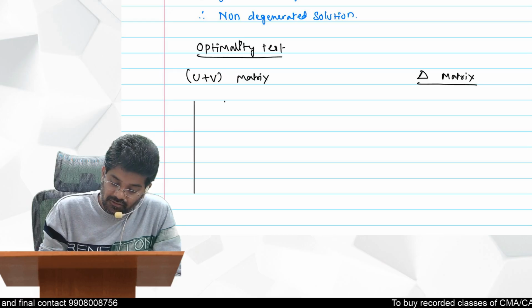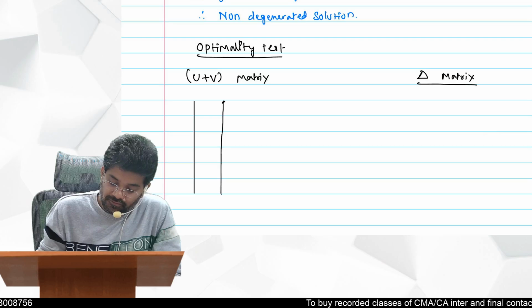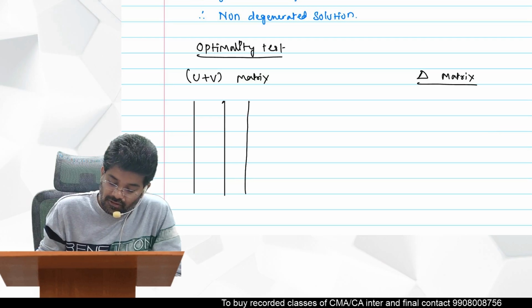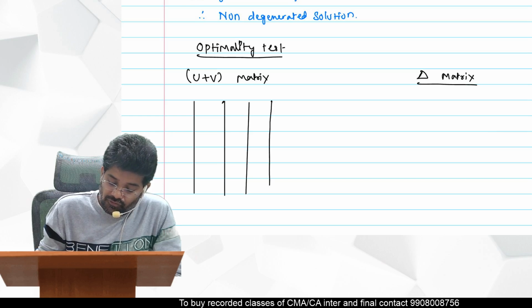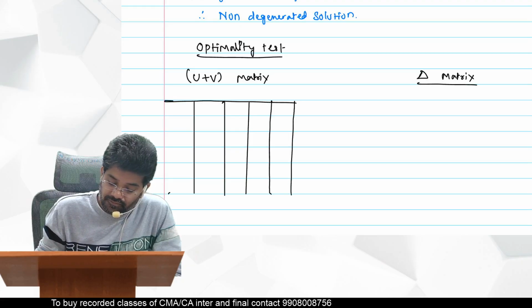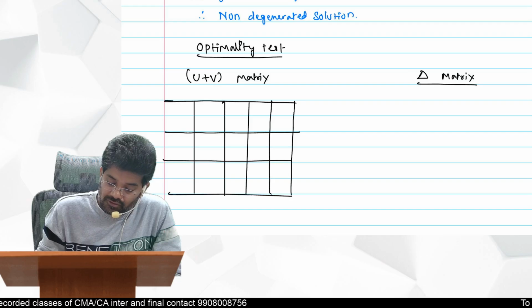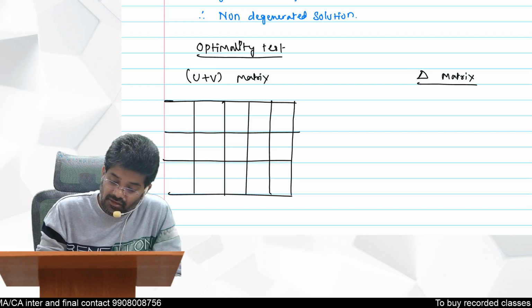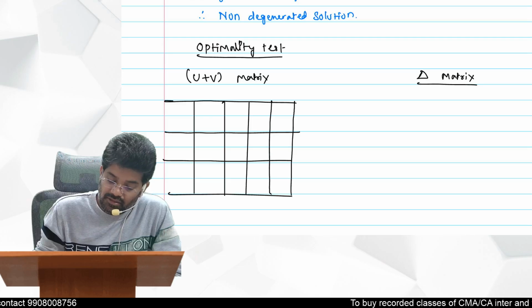How many rows? 3 rows. 1, 2, 3. Same thing here also. Change matrix also we require this now.